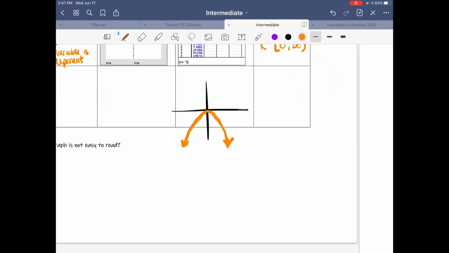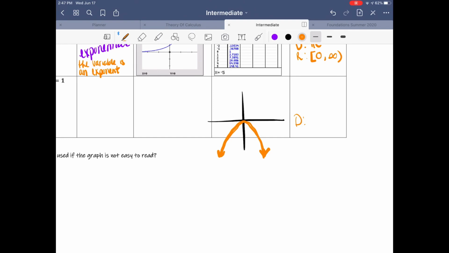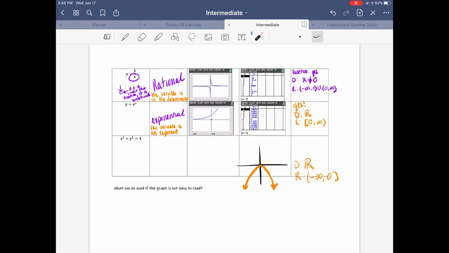So the domain is all real numbers. But the range, the only graph is down here in the negative y-axis. So that goes from negative infinity to 0. That's the negative y-axis. It's only down there. So you just have to be careful. Look at your graph, look at your table, and decide.